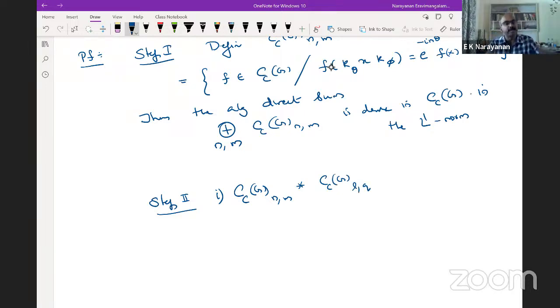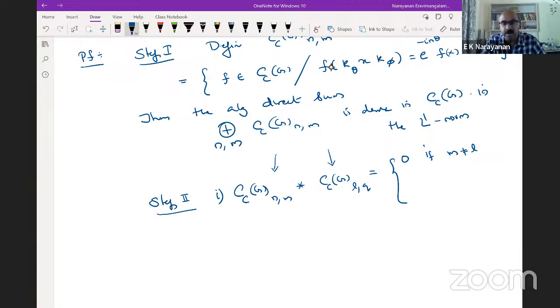I'm taking two such pieces, right? If I convolve them, this is going to be 0 if m is not equal to l. So m comes from here, on the right, and l comes from here, on the left. Okay, so if they don't match, the convolution is 0. So these things are straightforward.